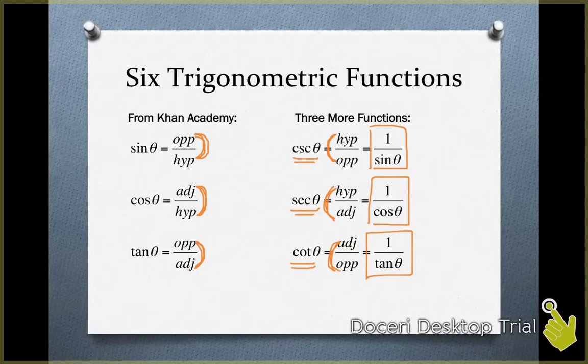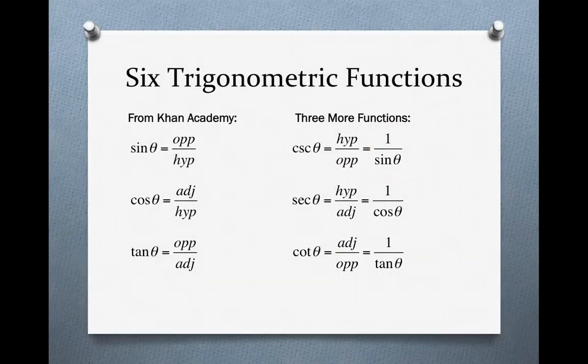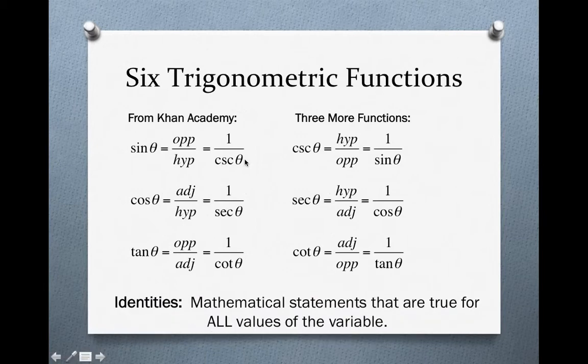And if I can take 1 over sine here and say that's cosecant, then I can also take 1 over cosecant and say that that's sine. Okay, it works both ways. And so these are actually called reciprocal identities sometimes.